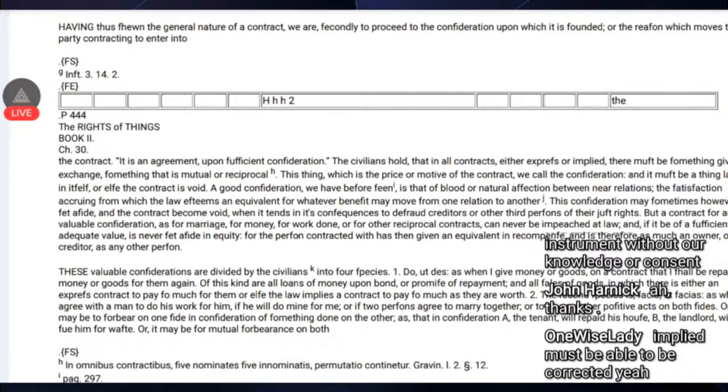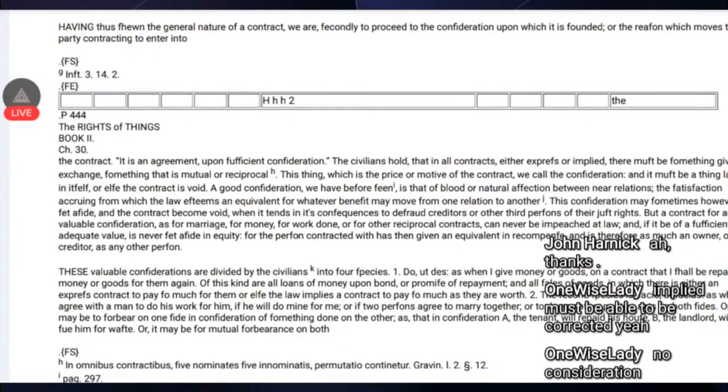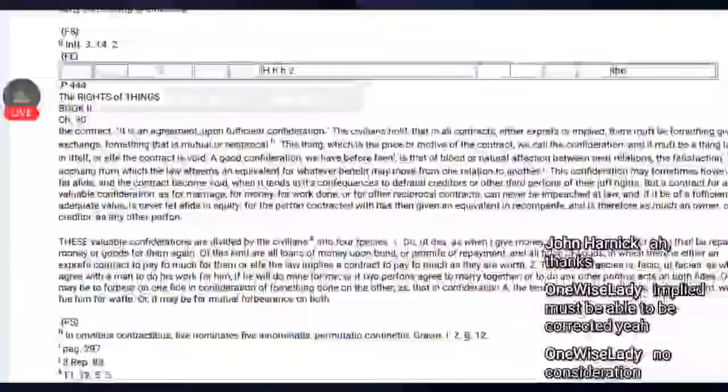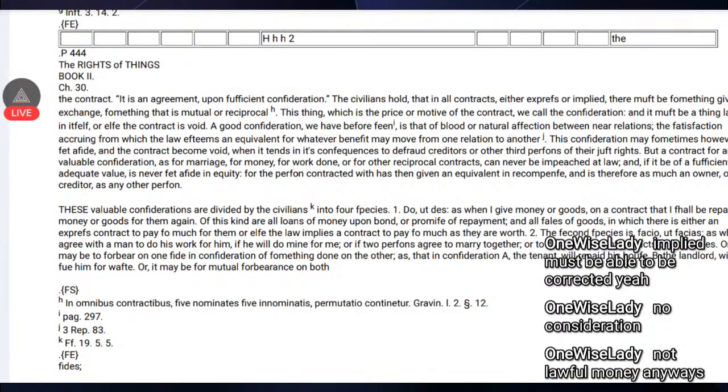A good consideration, we have before seen, is that of a blood or natural affection between near relations, the satisfaction accruing from which the law esteems an equivalent or whatever benefit may move from one relation to another. This consideration may sometimes be set aside, and the contract become void, when it tends in its consequences to defraud creditors or other third persons of their just rights.